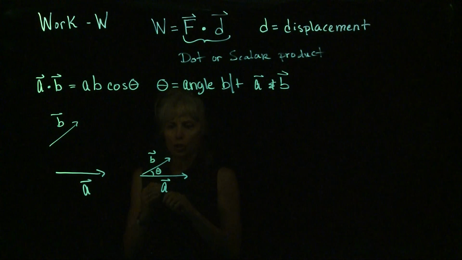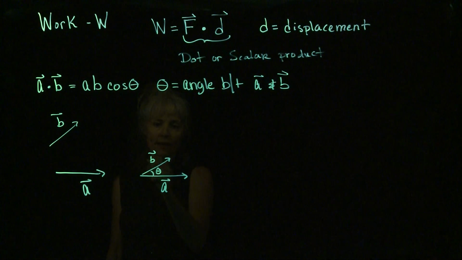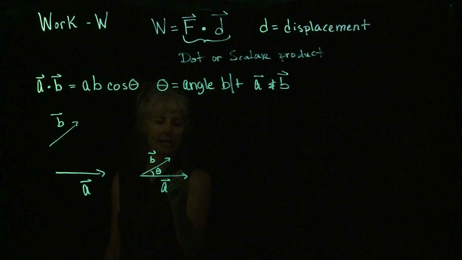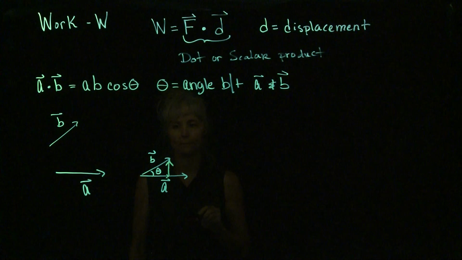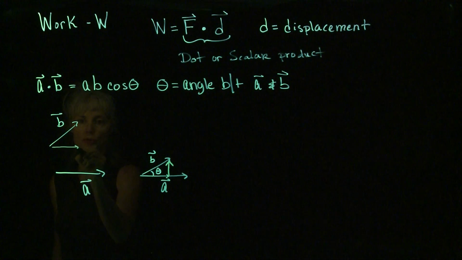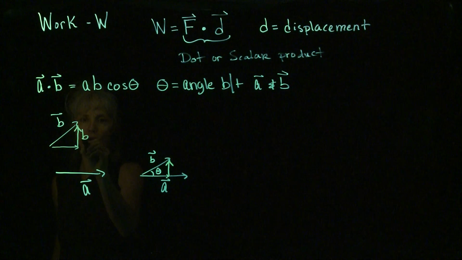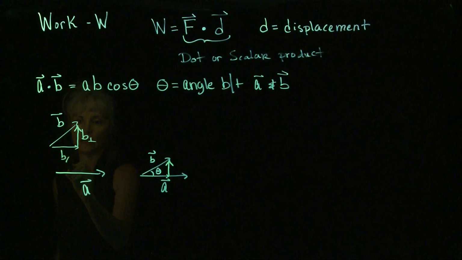Notice that I can take vector B and split it up into a piece that is along vector A and a piece that is perpendicular to vector A. I'll call that B perpendicular, and I'll call that B parallel.